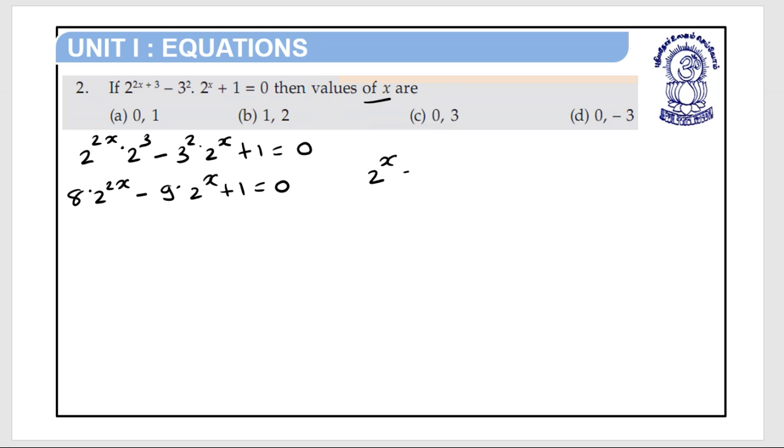Consider 2 raised to x is equal to a. So 8a square minus 9a plus 1 is equal to 0.